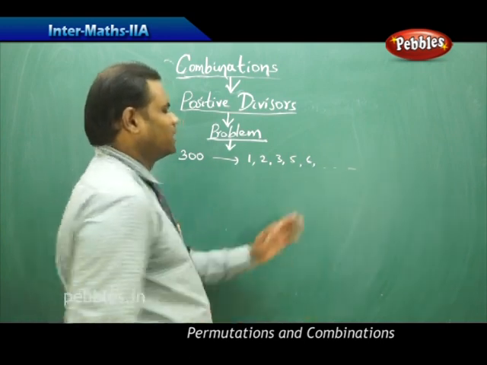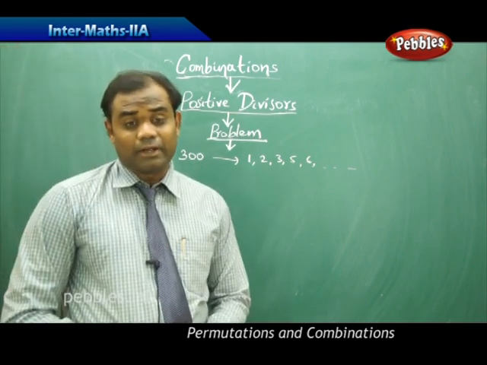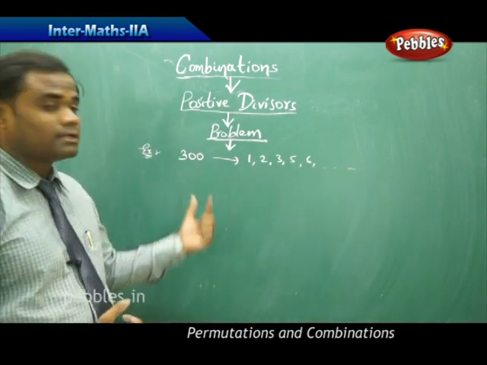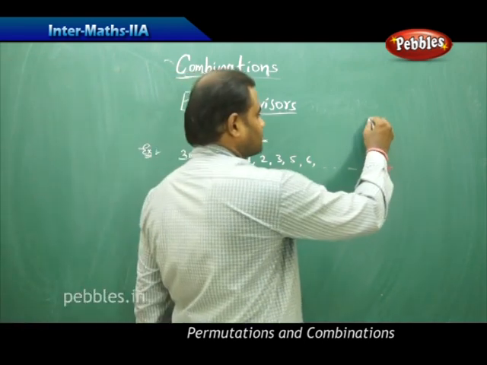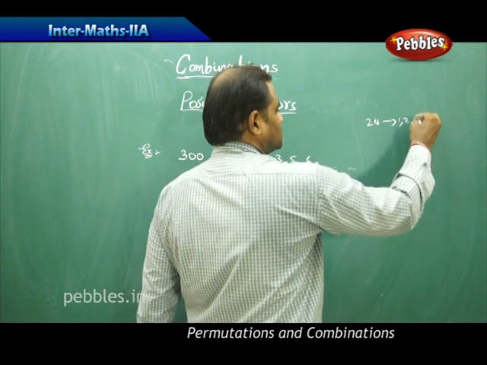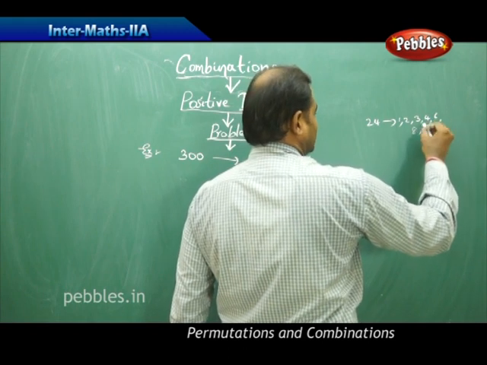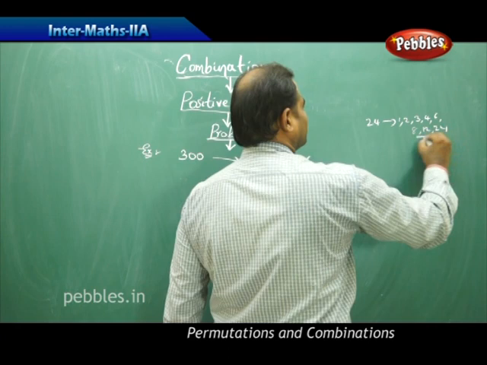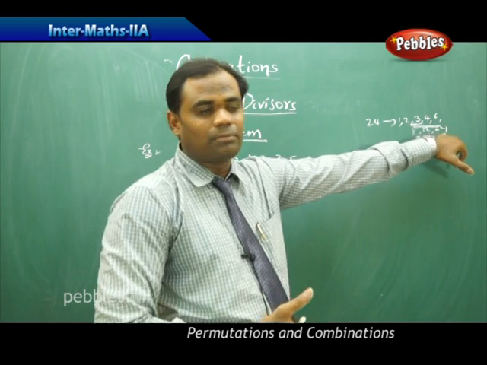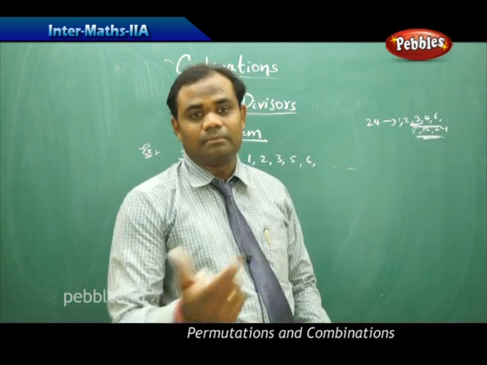Then it becomes very difficult as I approach higher numbers, because reaching up to 300 may not be an easy task. But if I have a number like 12 or 24, I can easily find the divisors: 1, 2, 3, 4, 6, 8, 12 and 24. There are 8 positive divisors for 24, because this number is smaller, so I can easily find them through the random approach.